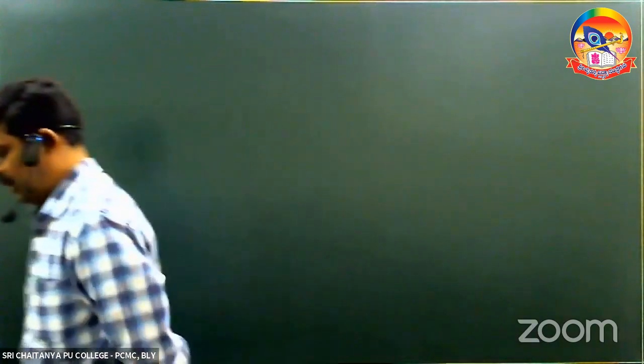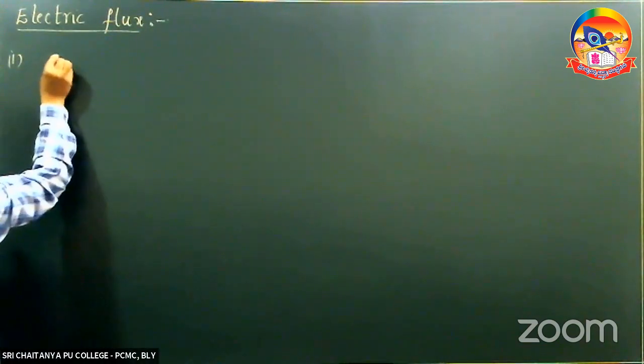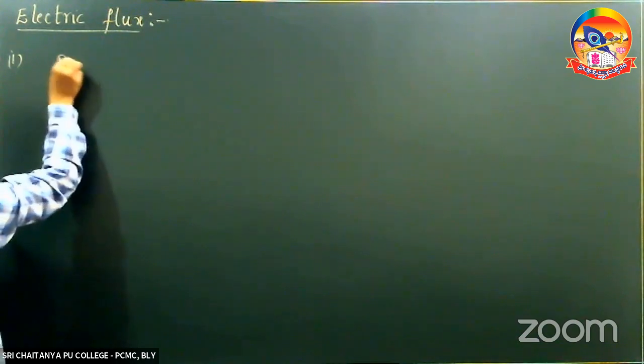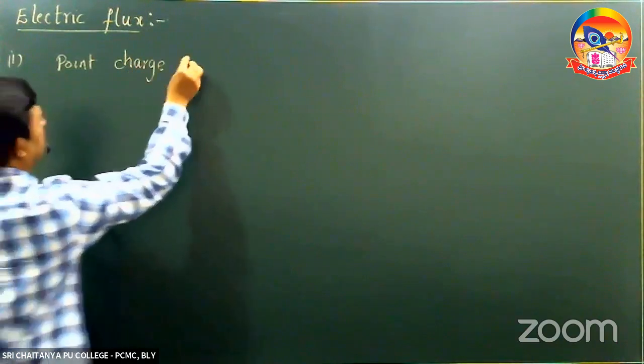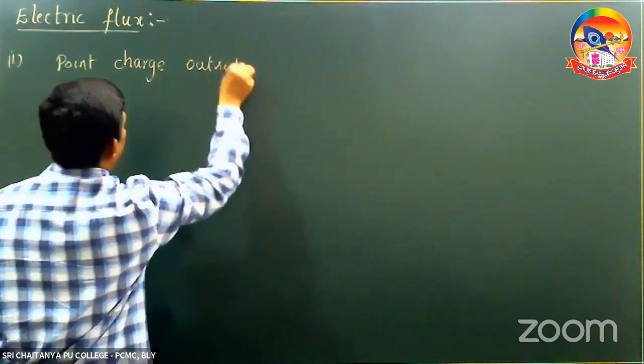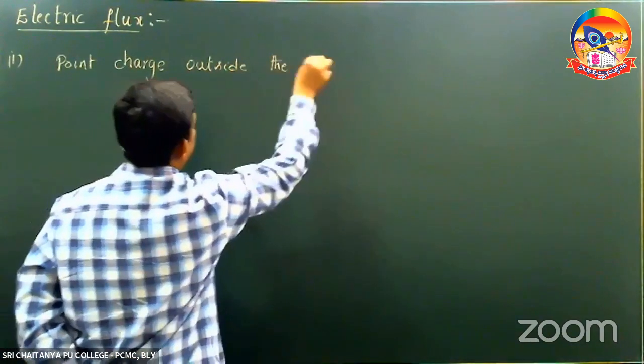Well, in last class, what we discussed, in electric flux, point charge outside the surface.